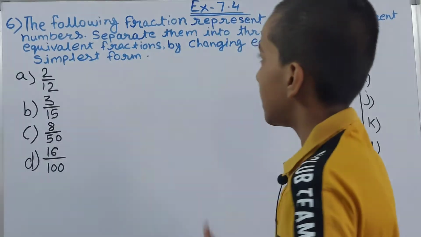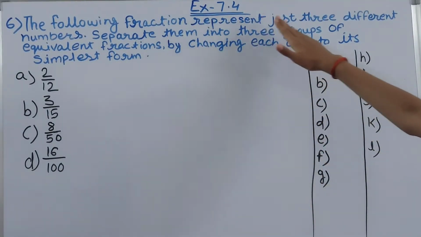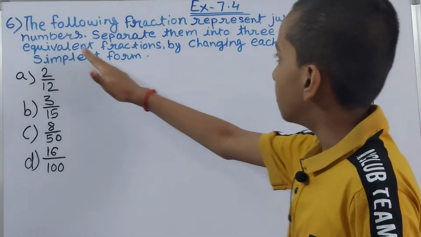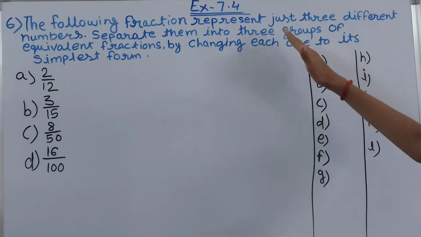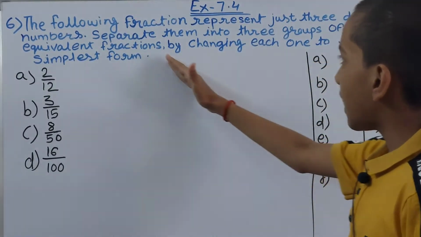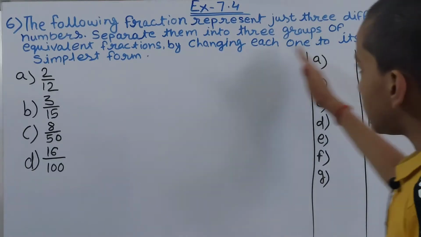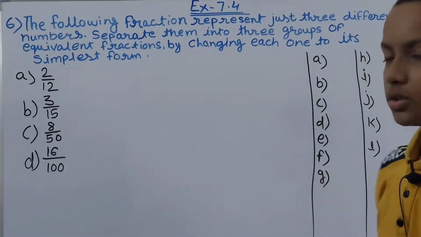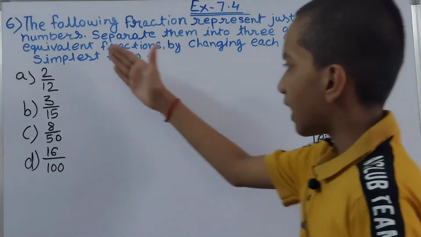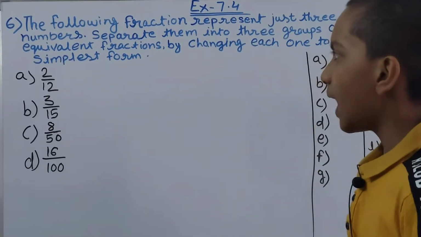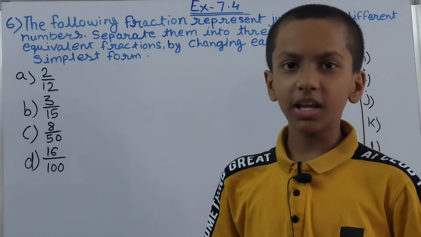So this question says the following fractions represent just 3 different numbers. Separate them into 3 groups of equivalent fractions by changing each one to its simplest form. So over here, as you can see, there are fractions given to us and these are not in their simplest form.